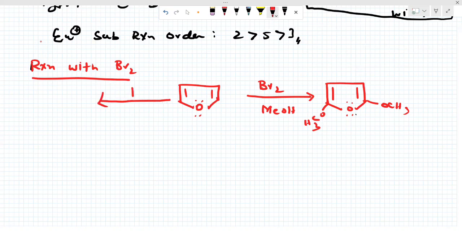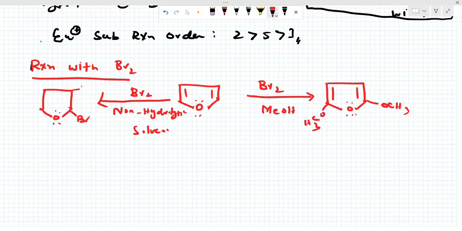With Br2 in a non-hydrolytic solvent or a hydrolytic solvent, all positions get substituted in Pyrrole, but in Furan it's the reverse.